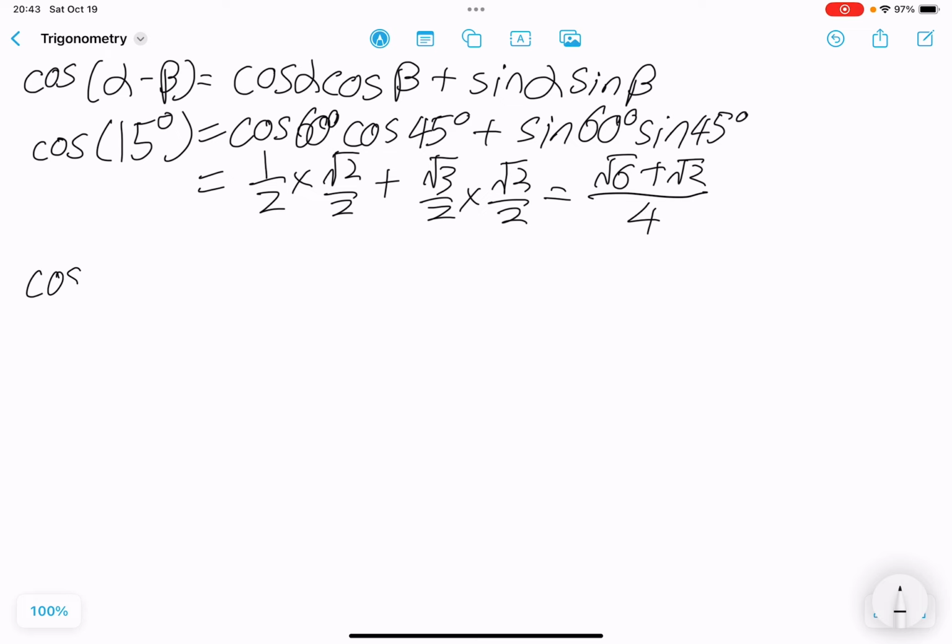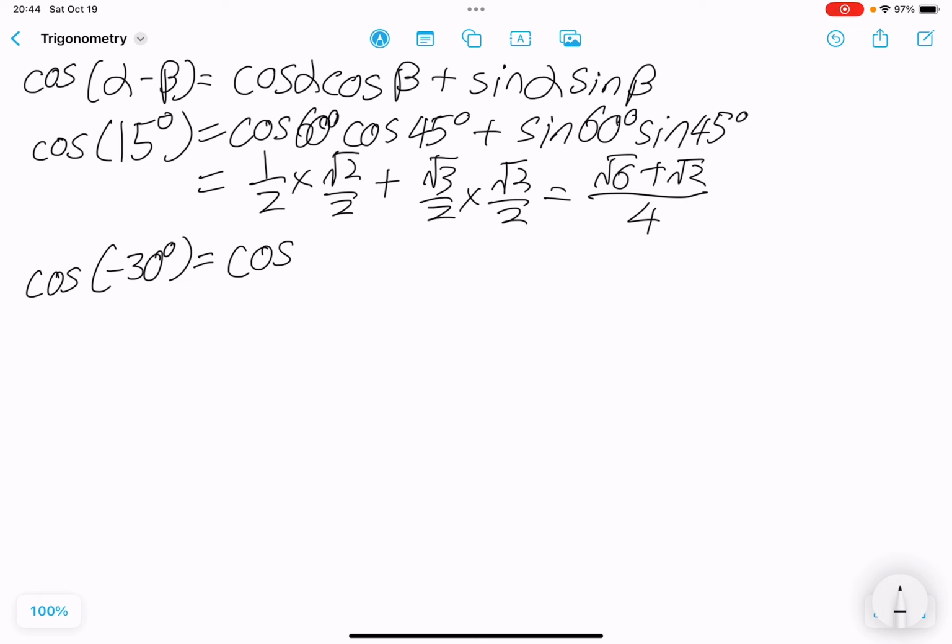Let's try a second example. Let's say we have cosine of negative 30 degrees. Firstly, how do we do negatives? Well, one way you can do this is make it 0 minus 30 degrees.